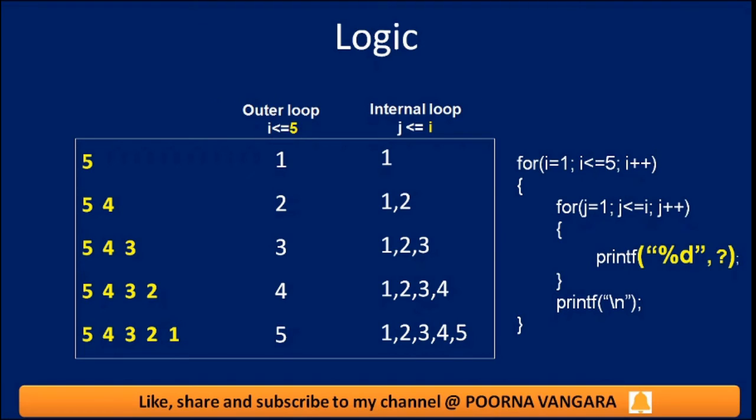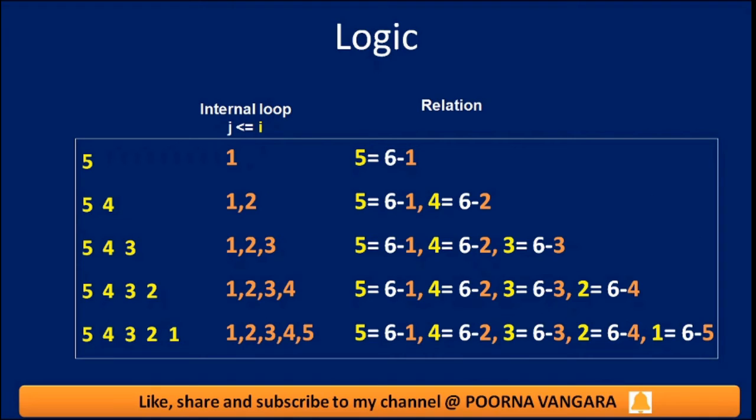This is the pattern, first column. I took J as reference. Now we need to find a relation between this J and the character which we need to print.